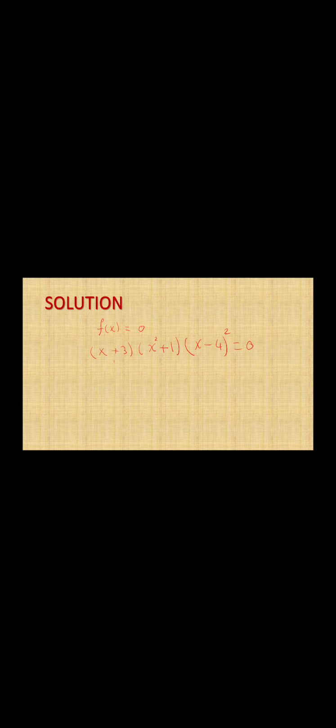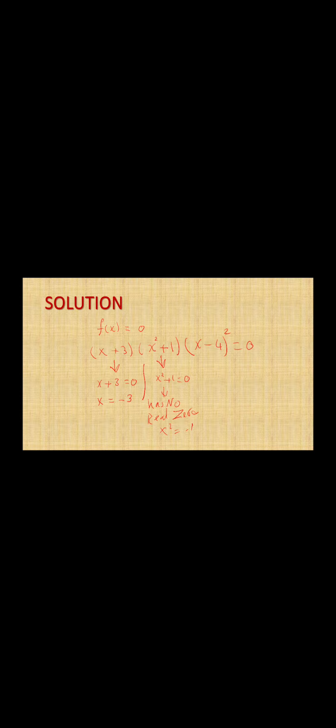In this case, from this factor we can say that x plus 3 equals 0, which means x is equal to negative 3. And from this part, x squared plus 1 equals 0, and this has no real zeros, because x squared equals negative 1, and you can't find a square root of negative 1.